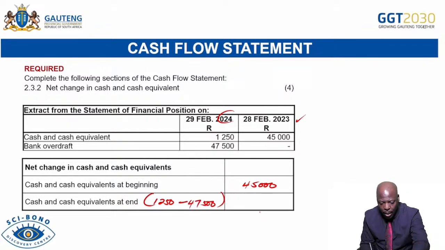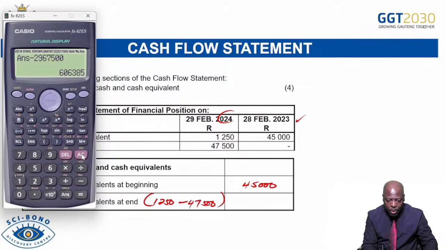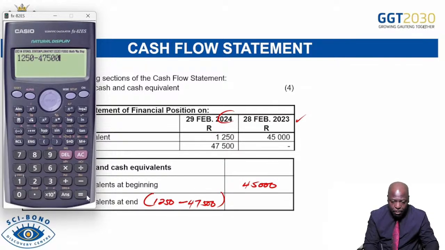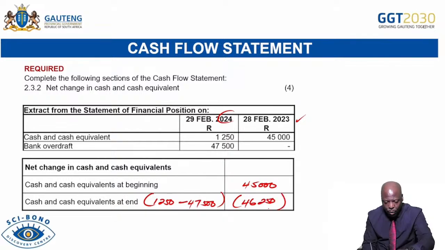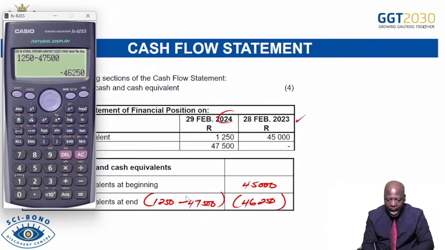Okay, so I'm going to come here and I'm going to now say 1,250. Then I say minus your 47.5. Subtract 47.5, and then it will give me a negative 46,250. So I'm going to do it going up now.